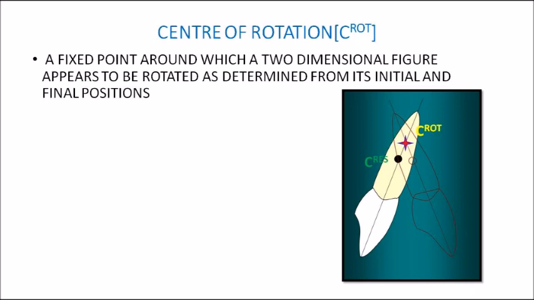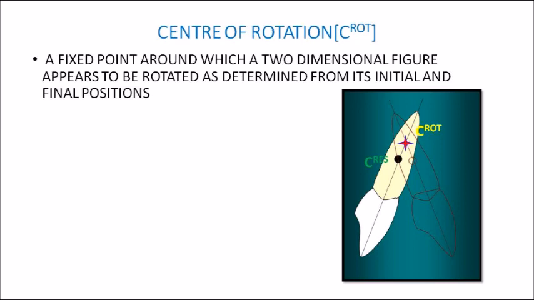When the long axis of the tooth is considered in its initial and final position, the point at which these two lines bisect is the center of rotation. It is around this point that the tooth rotates and changes its position from its initial proclined position to its retroclined position, as seen in this figure. If it is the reverse, the same will happen.